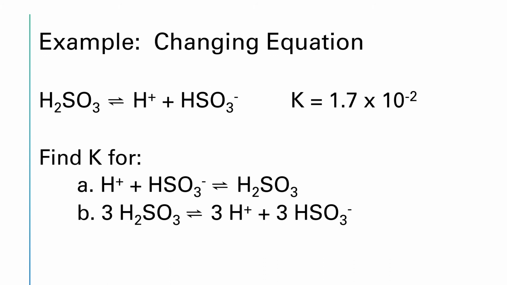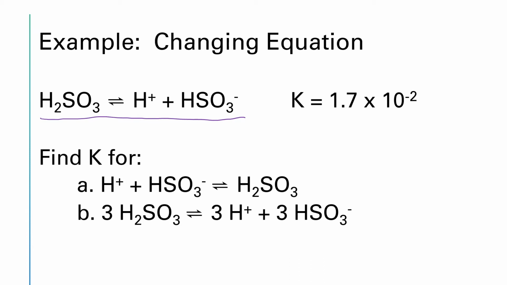So let's look at a couple of examples of how we would use these processes of manipulating the equations and calculating a new value of K. So let's use as our starting point the dissociation of sulfurous acid, H2SO3 in equilibrium with H plus HSO3 minus, and that has an equilibrium constant of 1.7 times 10 to the minus 2.